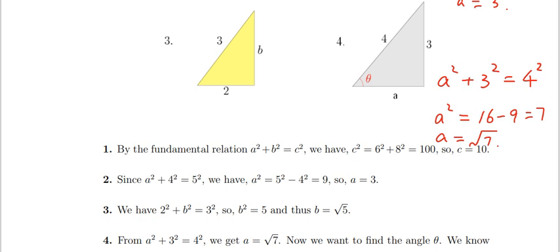Then how can we find the angle theta? If we have these 2 sides, 3 and 4, then this ratio 3 over 4 is the sine of this angle. So we have such a problem.